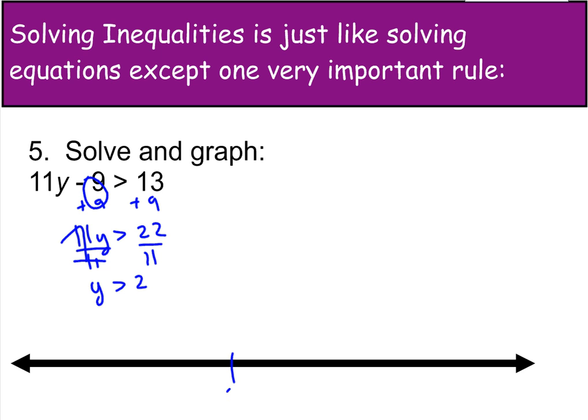So now on a number line, since this is only greater than, it's not greater than or equal to, this is going to be an open circle, and all the numbers bigger than 2. So I go this way. Some people like to shade this part in. Either way, I'm fine with, but just something to indicate that I go this way.